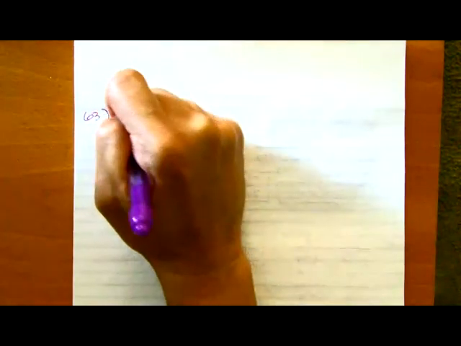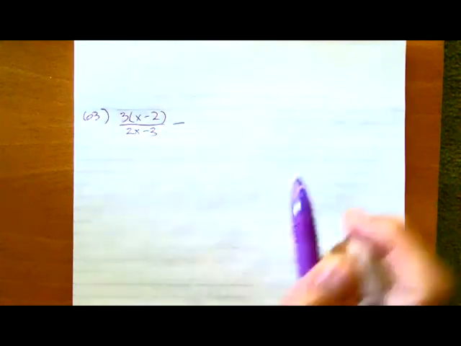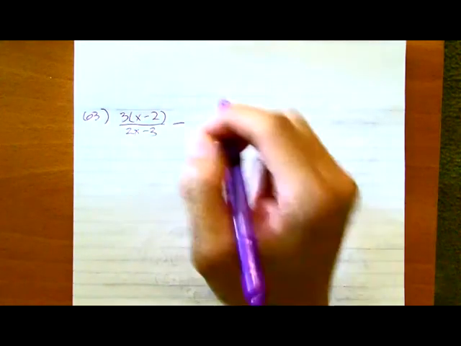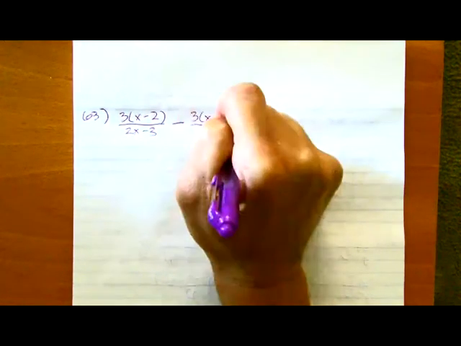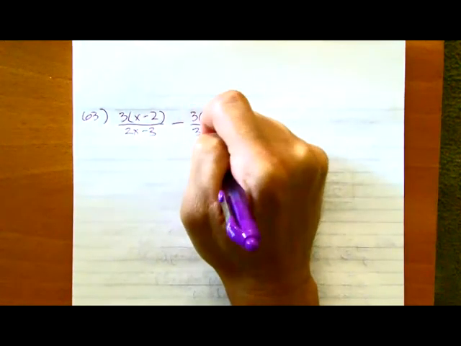Next one. Number 63. Three parentheses x minus 2 over 2x minus 3 minus 3 parentheses x minus 1 over 3 minus 2x.